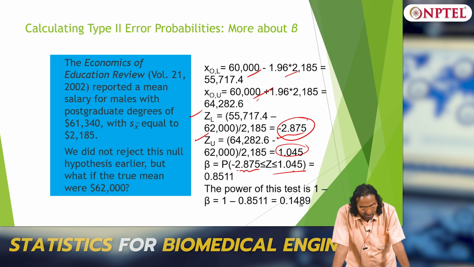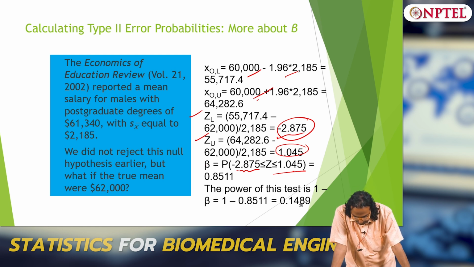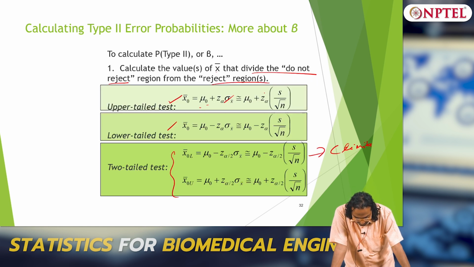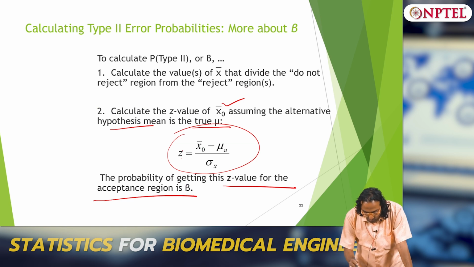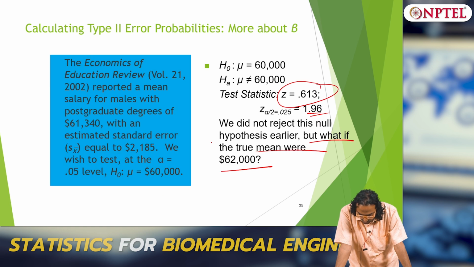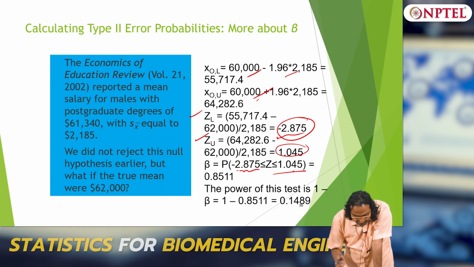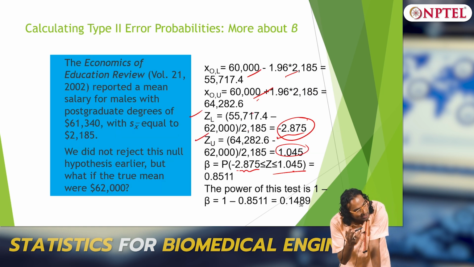Then what is the next step? Assuming the alternate hypothesis is true, calculate the Z values. Because it is a two tail test, I calculated Z lower and Z upper. Now what is the overlap region? The overlap region is nothing but the probability of Z lying between these two, which is 0.85.